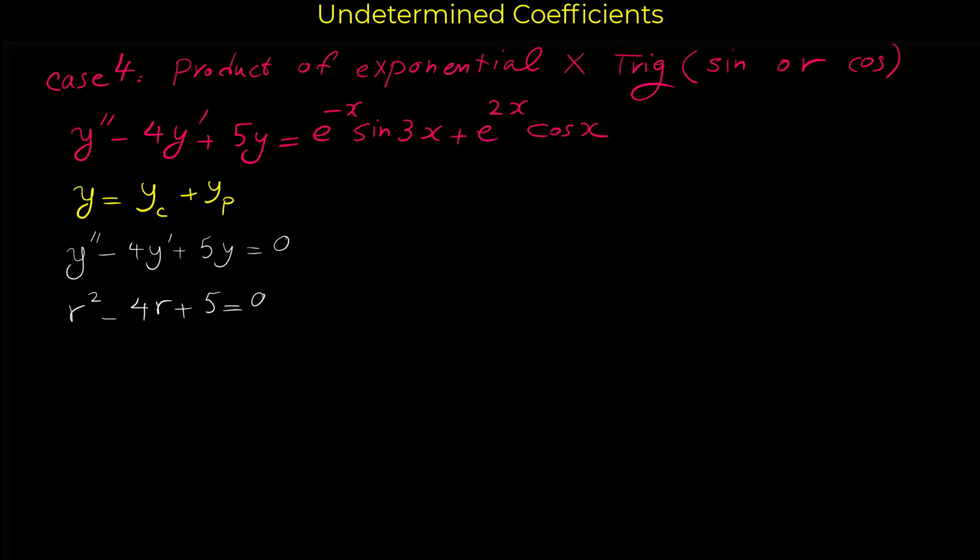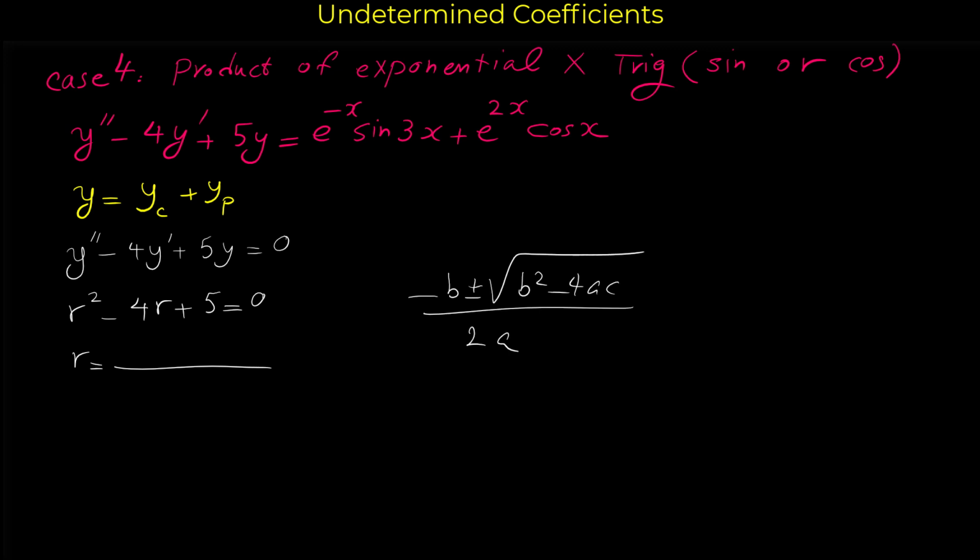For example, you can use the quadratic formula. r equals negative b plus or minus the square root of b squared minus 4ac, over 2a. b here is negative 4, so negative b is 4, plus or minus the square root of b squared, 16, minus 4 times a, which is 1, times 5, which is 20, over 2a, a is 1, so 2 times 1 is 2.